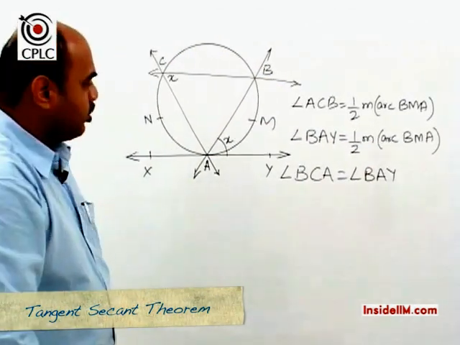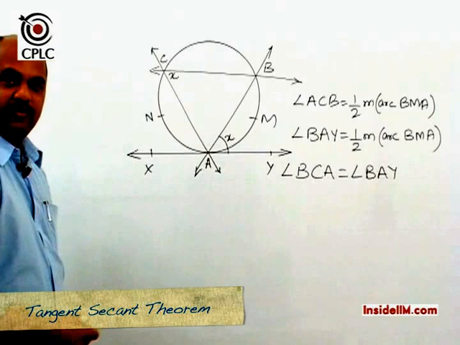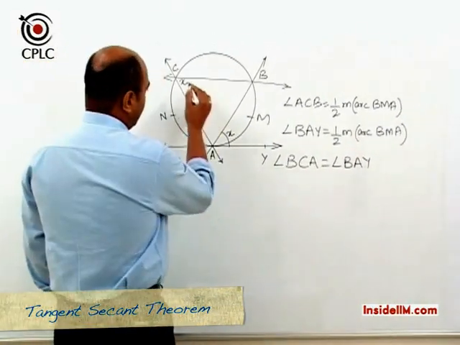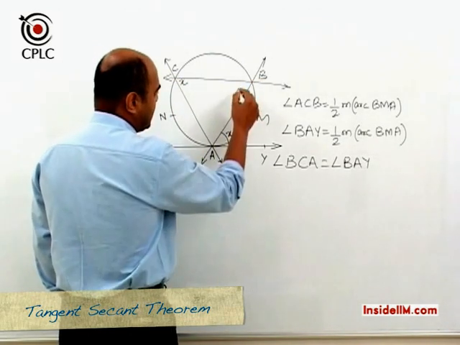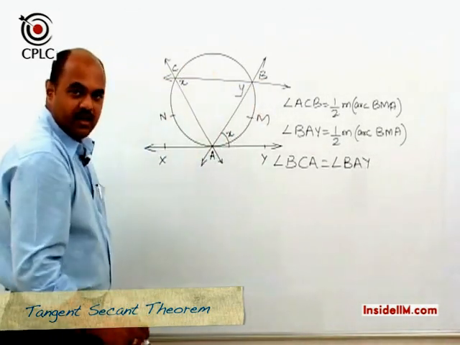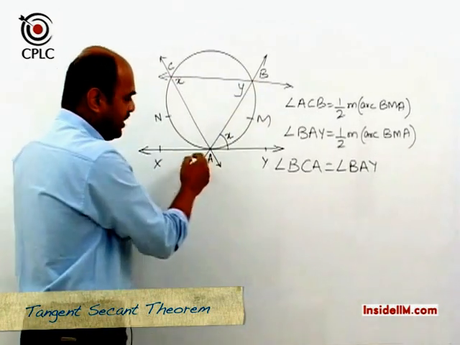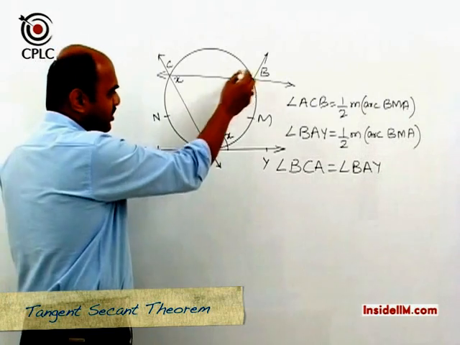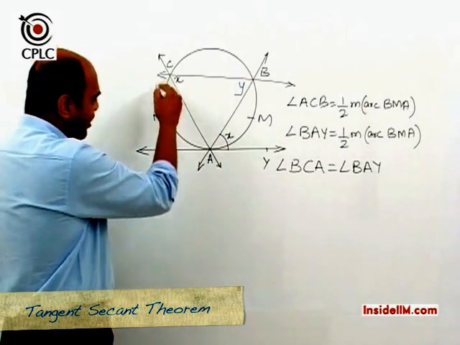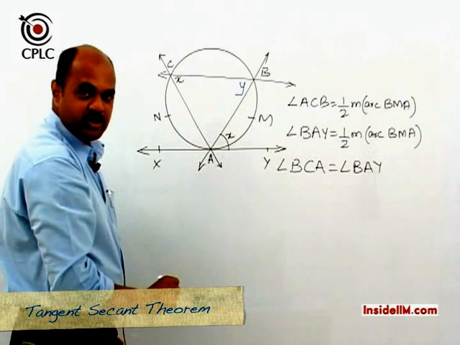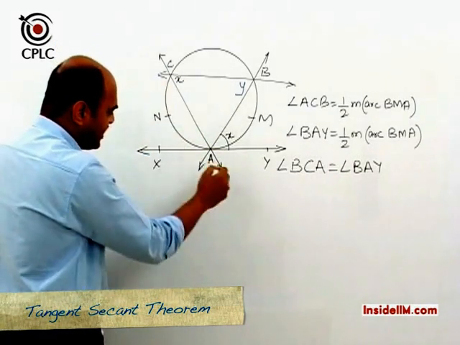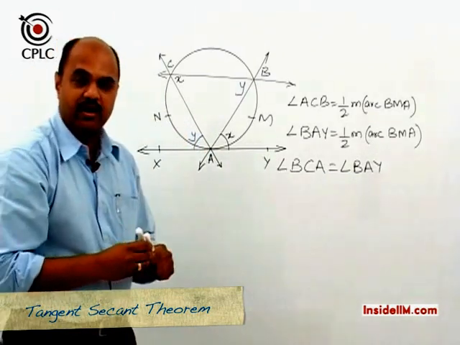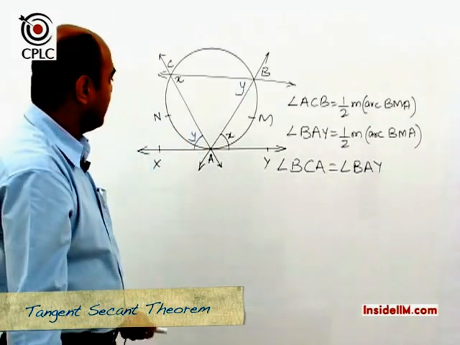In the same manner, we have another pair of angles which would be equal due to the tangent secant theorem. If we call angle CBA as Y, angle CBA is the angle subtended by arc CNA on the circumference, and the same arc CNA would also subtend angle CAX on the circumference, and hence we would have one more pair of equal angles.